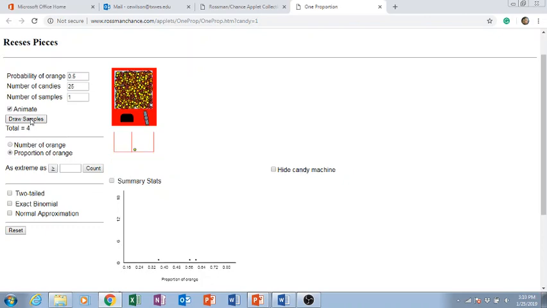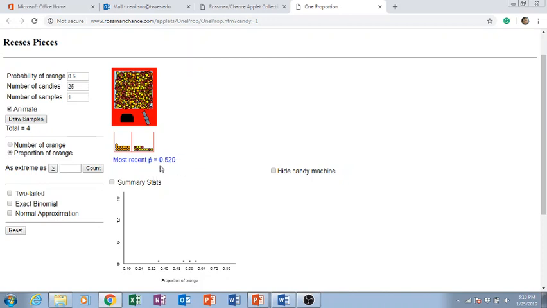Whoa, that one's off too. Let's draw another one. 0.52. That's as close as we've come. 0.5 is the population value. Our sample is a little bit off from the actual population. So if this was our study, we'd be happy with this.